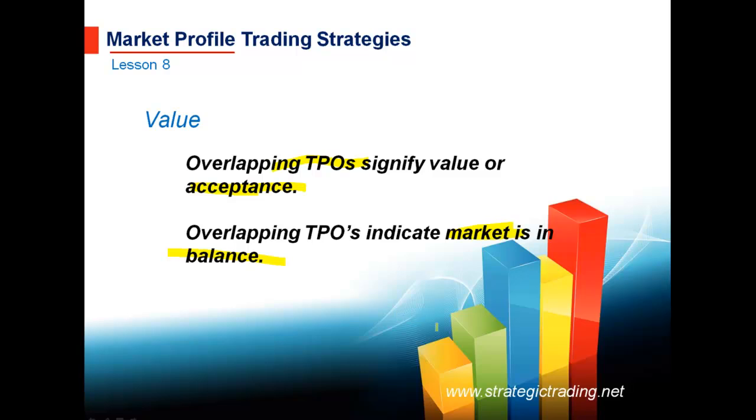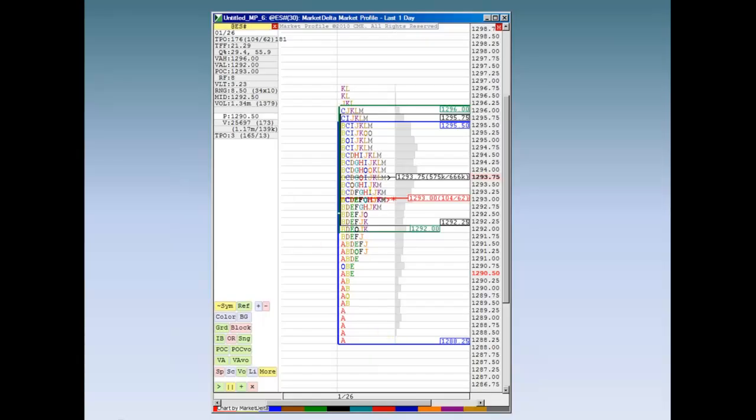More TPOs, more people trading at these prices, a larger number of TPOs developing on the profile chart, and a market that is developing balance or is in balance. All right, so here, this is the area where we see most of the TPOs.